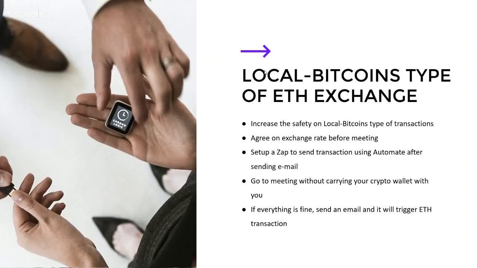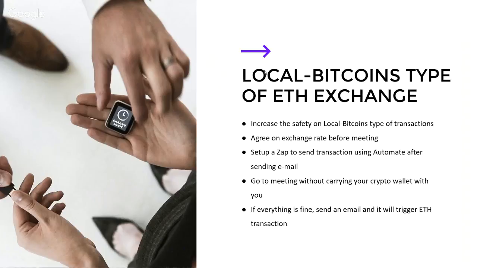So with Zapier, you also get a lot of possibilities for how you can integrate it. But we have one use case already baked for you, and this is a local Bitcoins type of Ether exchange. It basically increases the safety of your transaction because you go to this meeting and you send, for example, Ether with your wallet, and someone is giving you cash, or vice versa.